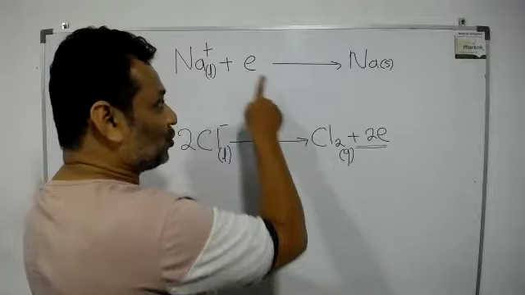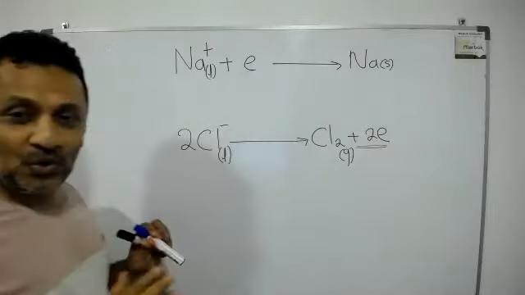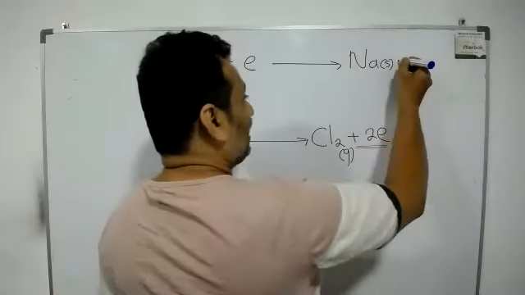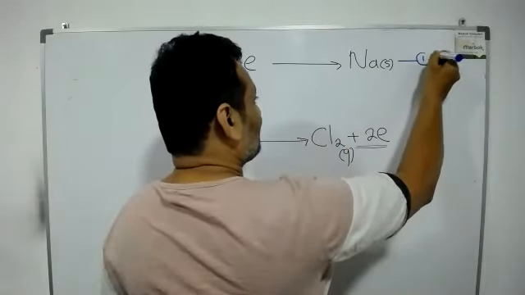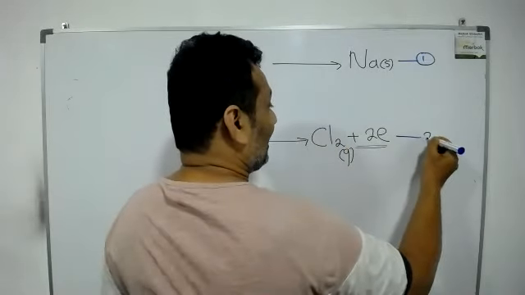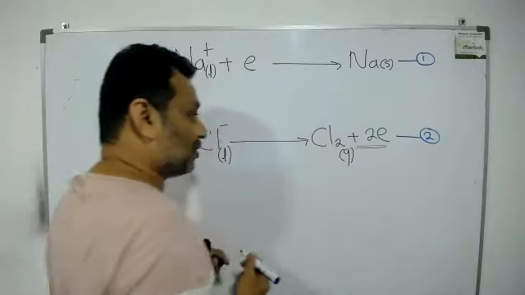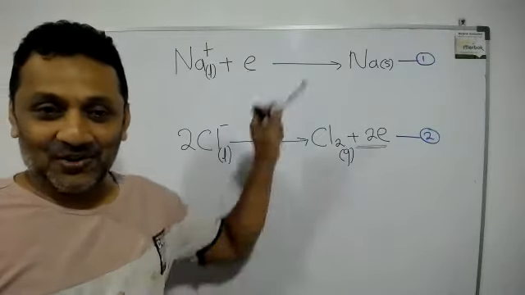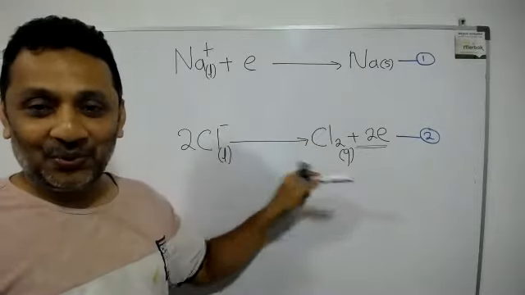Are they equal? No. To make them equal, I am taking this one as the first equation and this one as the second equation, like you write in simultaneous equations 1 and 2.